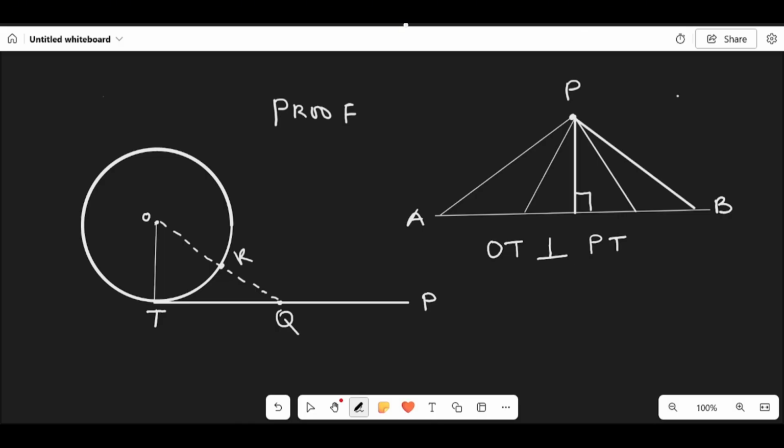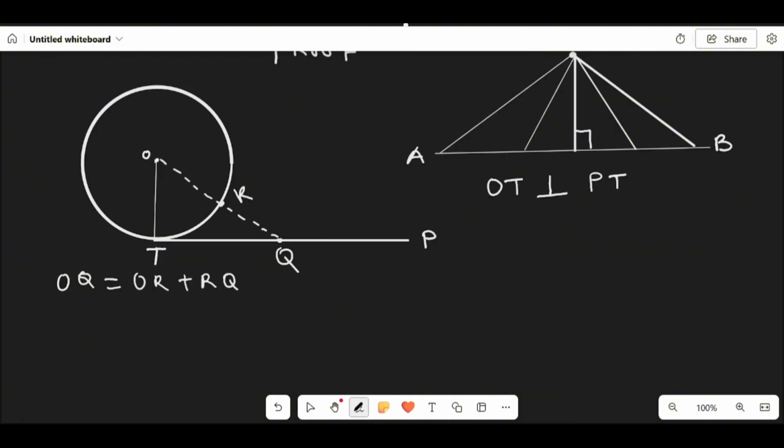You will agree with me that line OQ equals OR plus RQ, and also OT equals OR because they are radii of a circle.